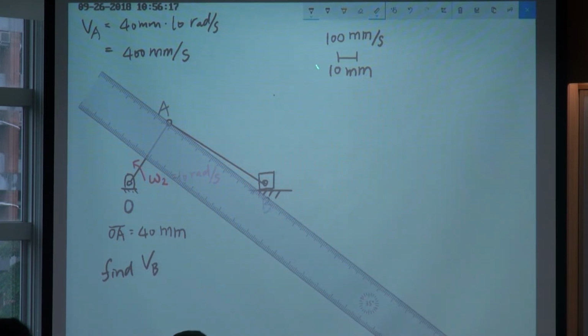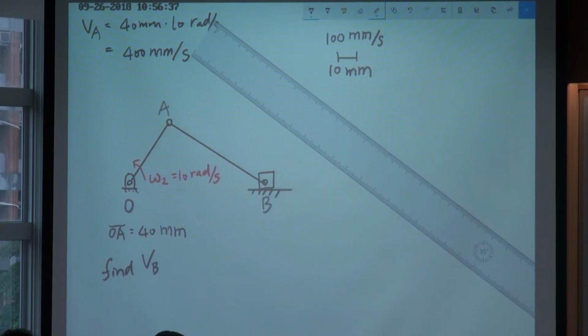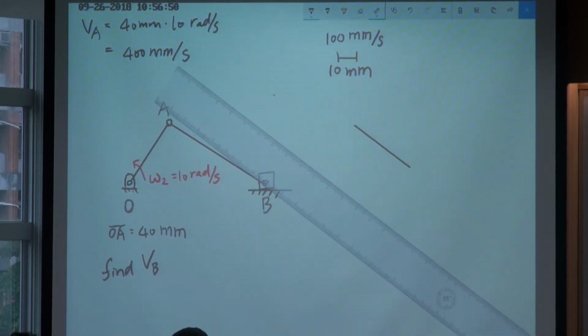So 100 millimeter per second is represented by 10 millimeter. Right now VA is 400 millimeter per second, so I need to draw 40 millimeter to represent VA. So 40, 4 zeros, 1, 2, 3, 4. So 40 millimeter here, and this is going to be VA.